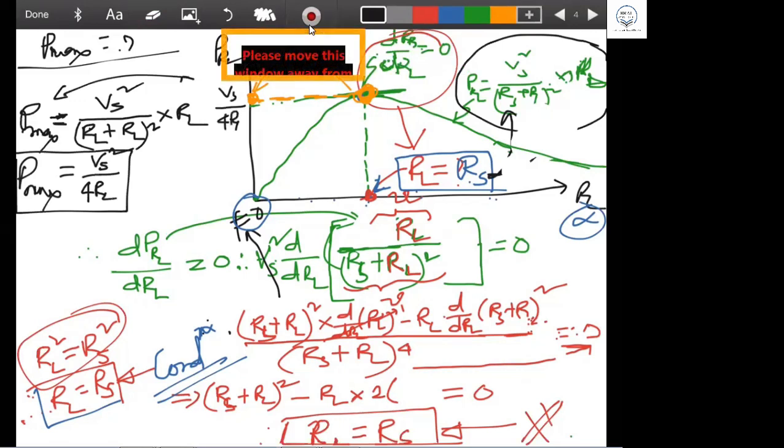Remember, this is the maximum power, P max equal to Vs square divided by 4RL. Everybody can easily understand that the maximum power value is Vs square divided by 4RL, and at this point we can get the maximum power.